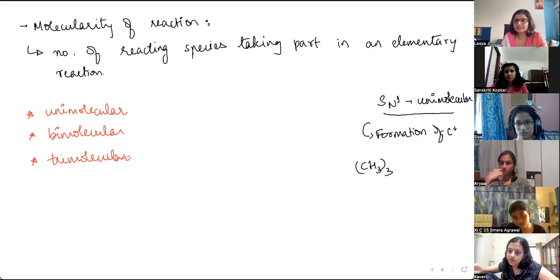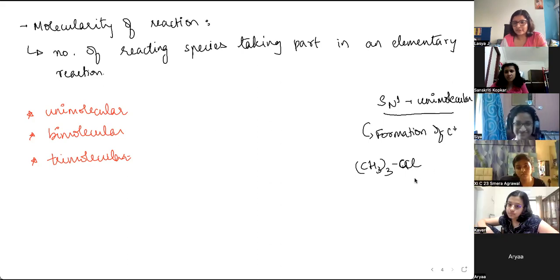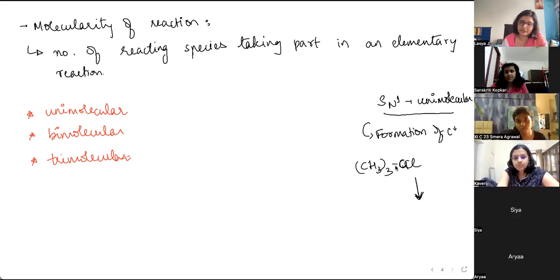The nucleophile is trapped after the carbocation. So if you have C and then Cl, if you want to convert this into a carbocation, what needs to happen? Do you have another molecule colliding against it? क्या होना चाहिए?